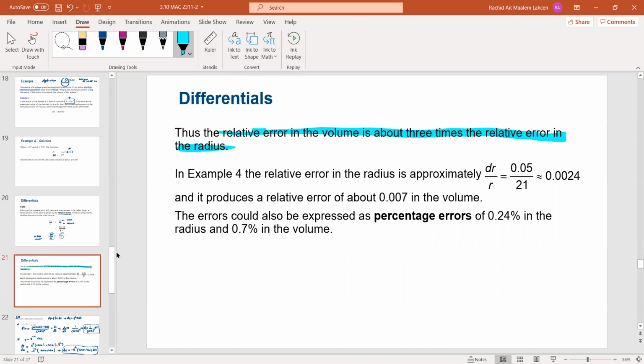So you see that these differentials are used here to get better information, so we can take a better decision on whether that's going to affect or not, or how to accommodate for it. So it looks like the relative error in the volume is 3 times the relative error in radius.